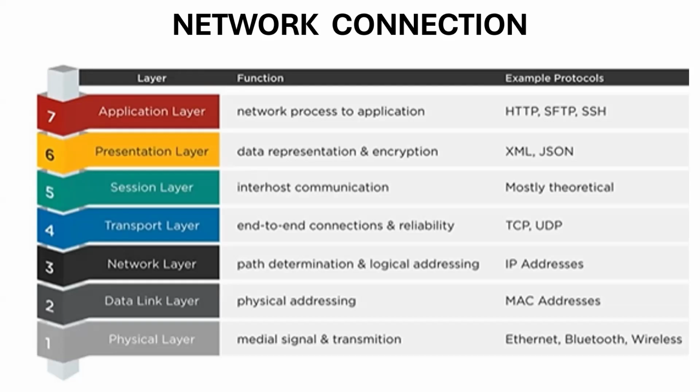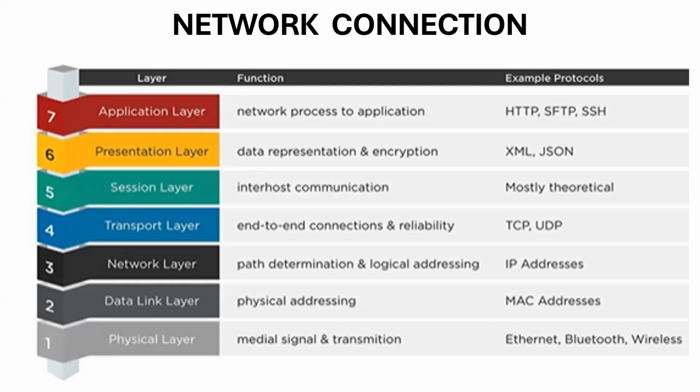So in the 7 layer model, we have the physical layer. It is at this point that you talk about your transmission media, signals, and so on. Then you have the data link layer, which is the physical addressing, which has to do with the MAC address of each system that you're bringing to the network.